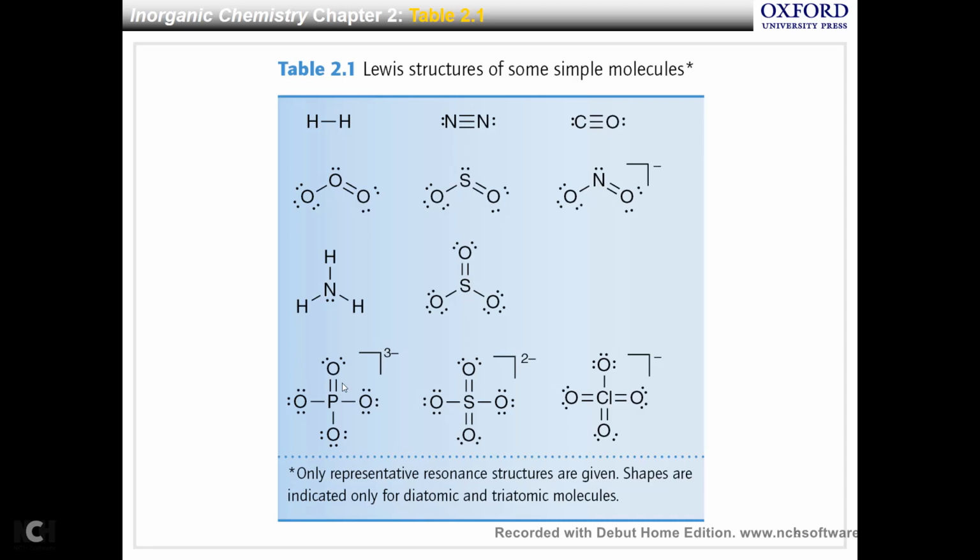That's just too much. It's possible for this phosphorus to accommodate up to 18 electrons, but if you put 18 electrons surrounding this phosphorus, the electron repulsion can be pretty big.